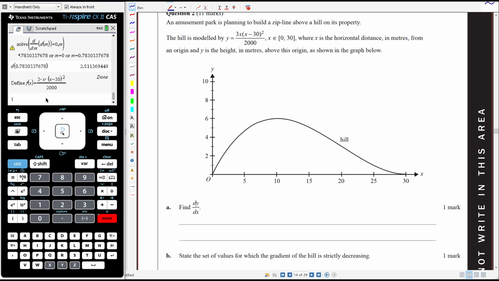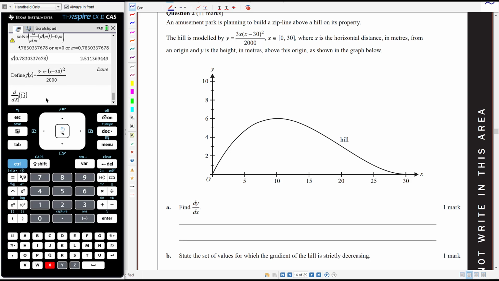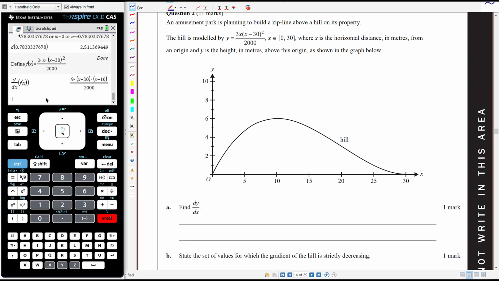Okay, so we've got the picture of the hill, we've got the equation, I've defined it in my CAS. We want to find dy dx, so shift minus, derivative of f of x. Okay, so that's that. There are lots of different ways that you could write that.